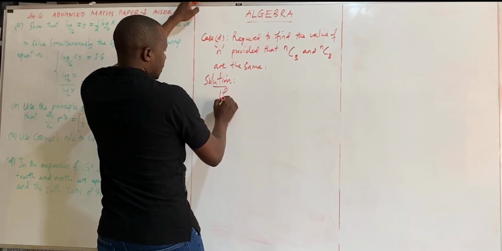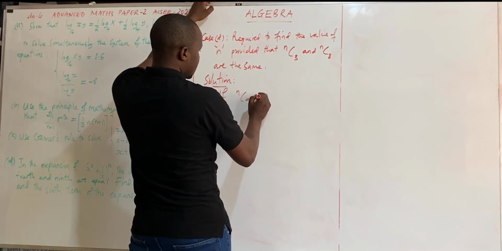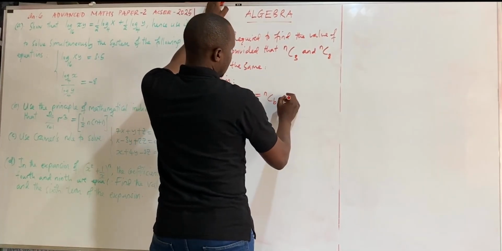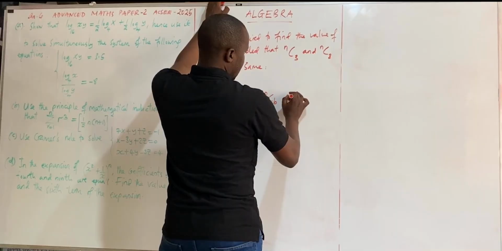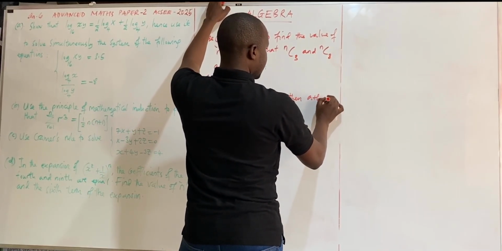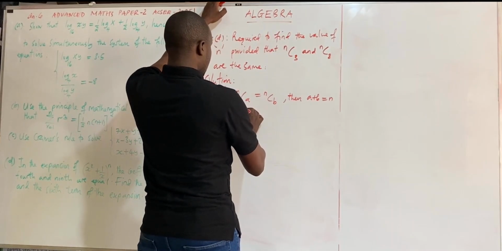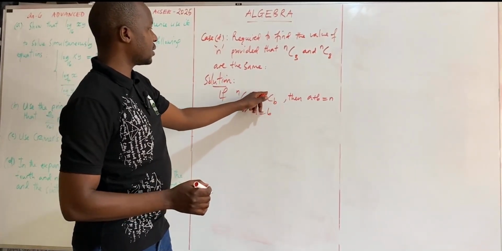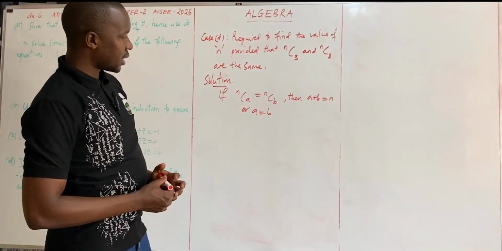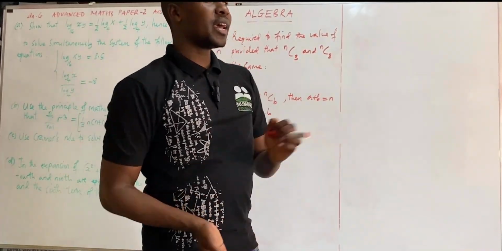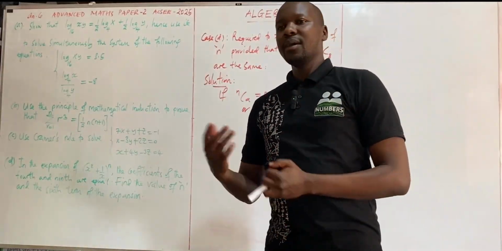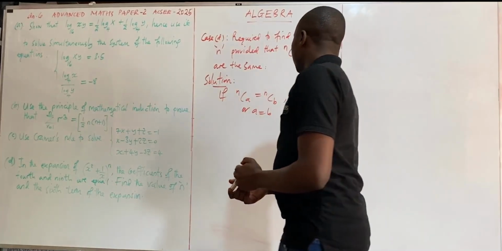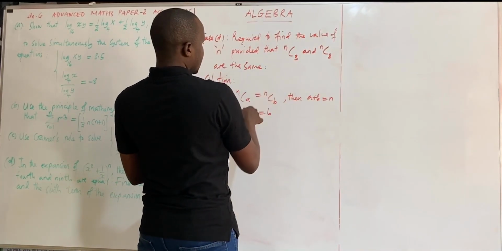We refer to a rule: if n choose A equals n choose B, then A plus B is the same as n, or A is the same as B. If A equals B, then A plus A is n. But here A and B are not the same.